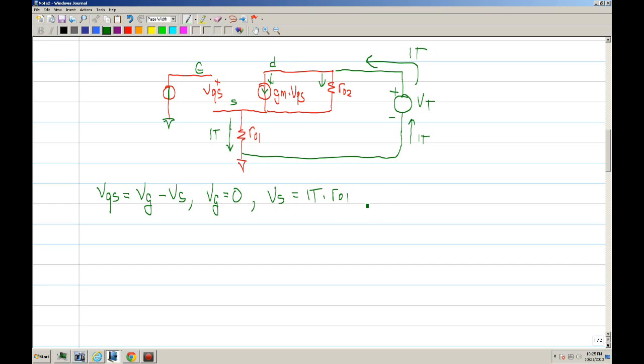Okay, so now we can formally say that VG minus VS, that goes to 0, so we can say that it's negative IT R1. Okay, so now let's do a KCL at the drain.